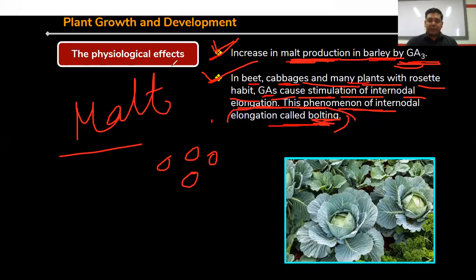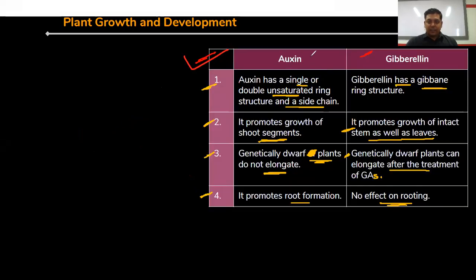Now there are some differences found between auxin and gibberellin. Now just see them. First, auxin. Auxin has a single or double unsaturated ring structure and a side chain. Now, the structures of all the plant growth regulators are also important for your NEET exam.